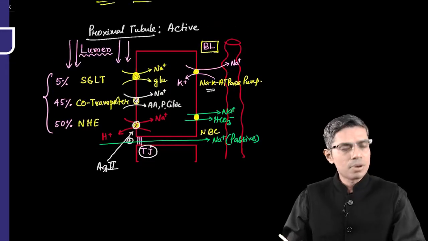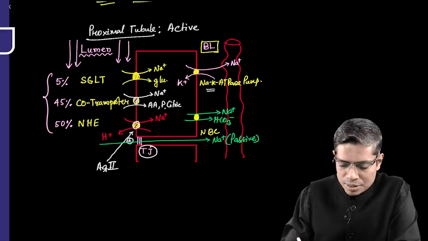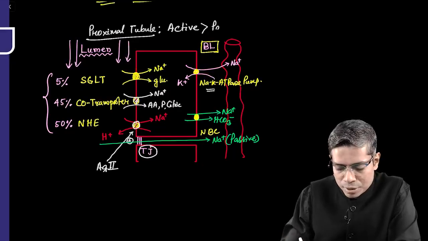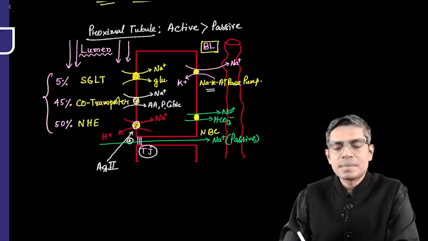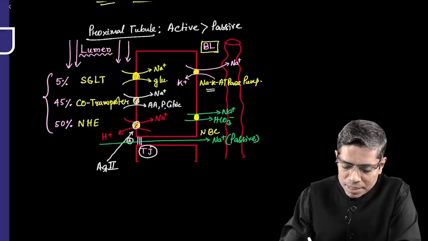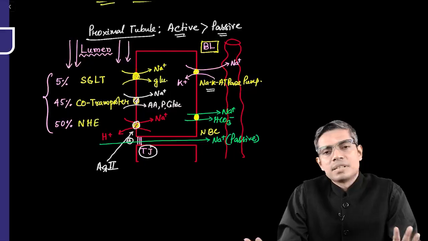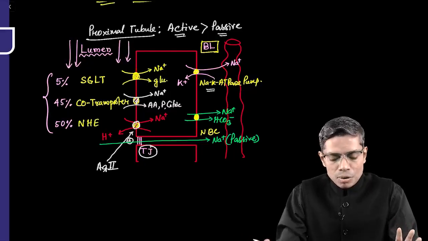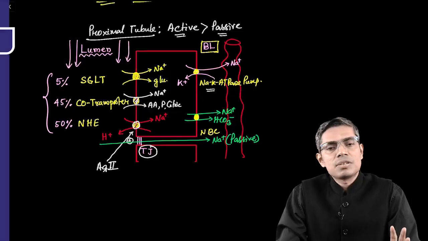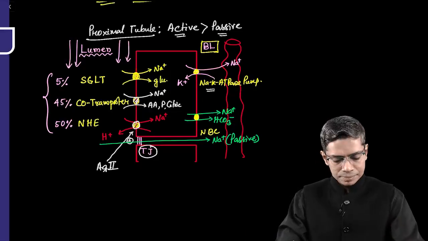So at the level of the proximal tubule, not only active transport, passive transport of sodium is also possible. Passive reabsorption of sodium is also possible, but active is a little more than passive reabsorption. Got it? So this is all about proximal tubular sodium reabsorption, right?